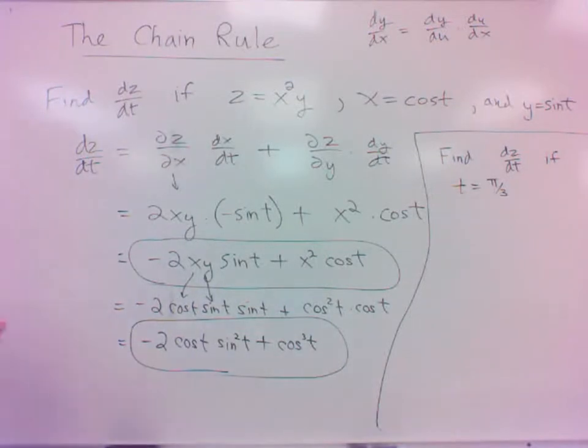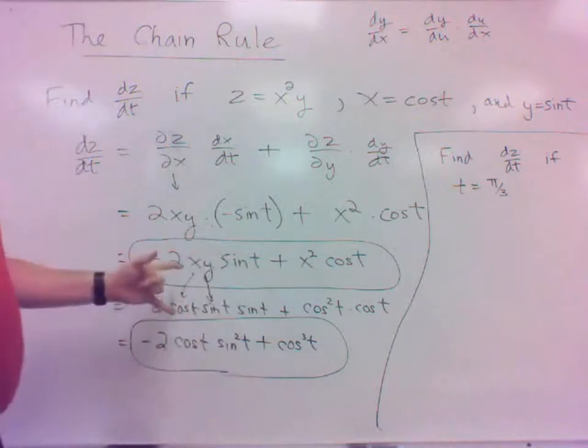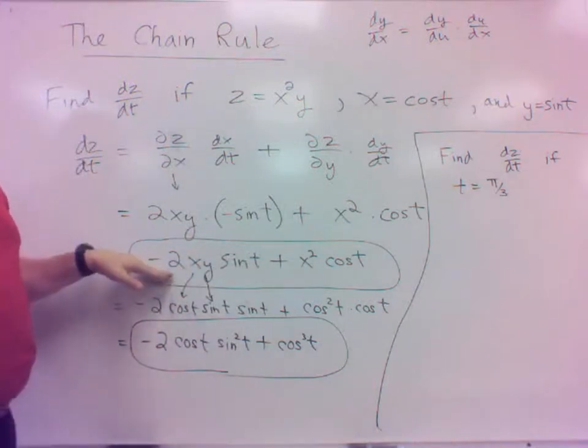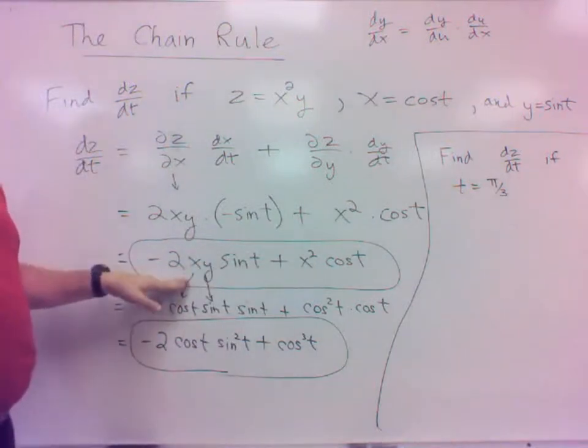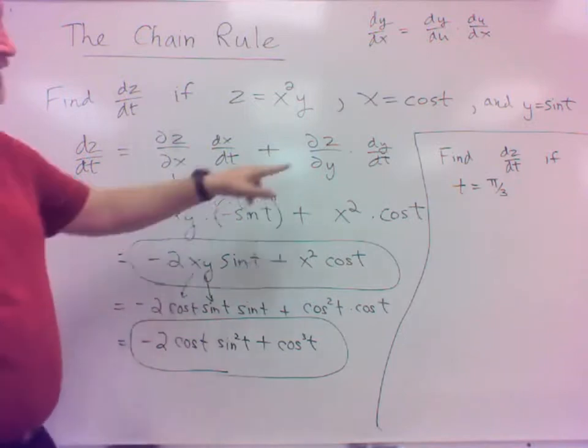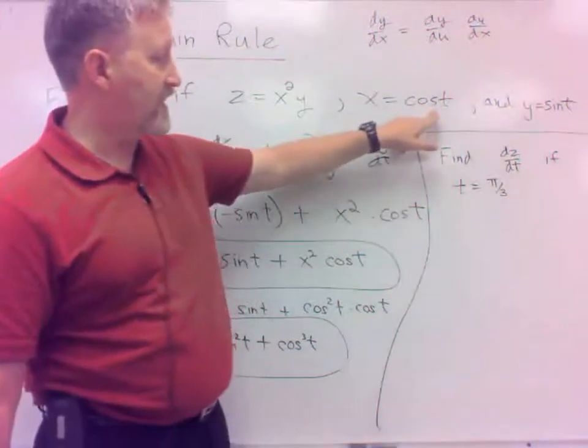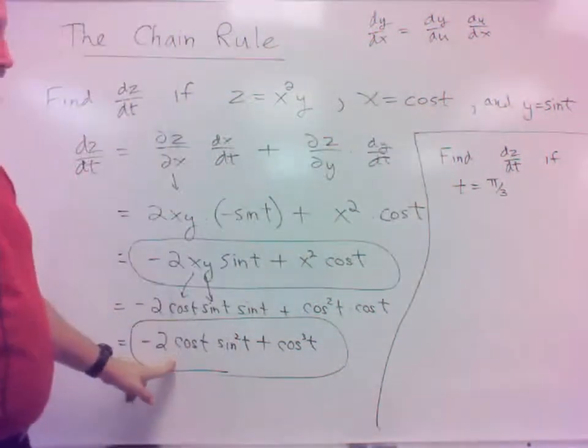And so now we can do the actual value, find the derivative of z with respect to t. If we use this version, we'd have to find the x value by going back to that. Since we've got this, might as well just use that.